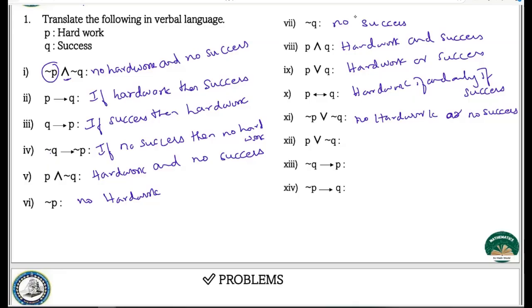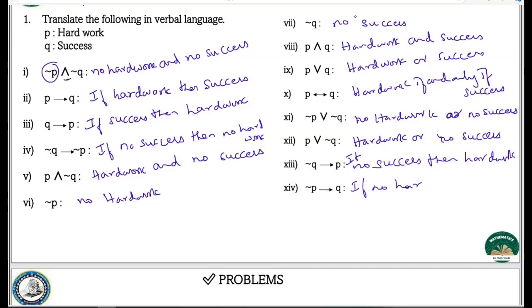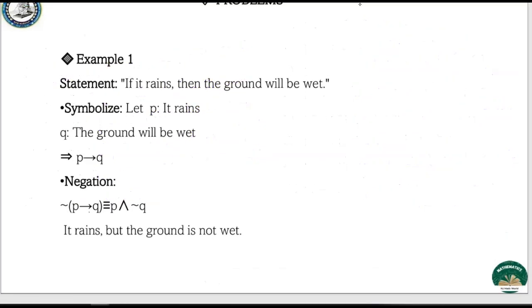P or negation Q: hard work or no success. Negation Q: no success, if no success, then hard work. Negation P: if no hard work, then Q, success. So here we are going to continue with the problems.